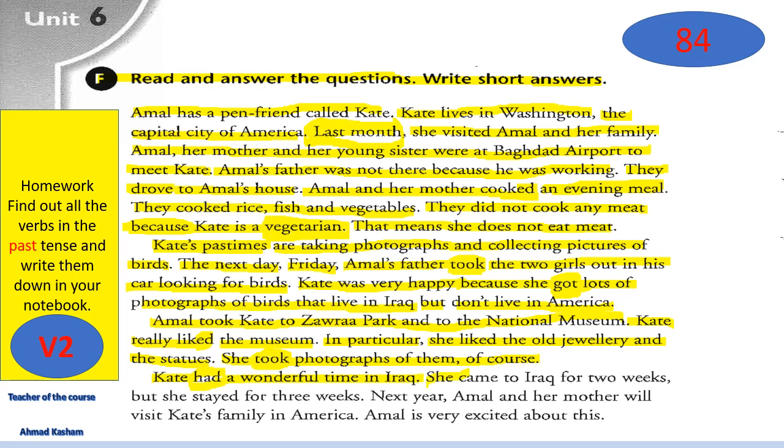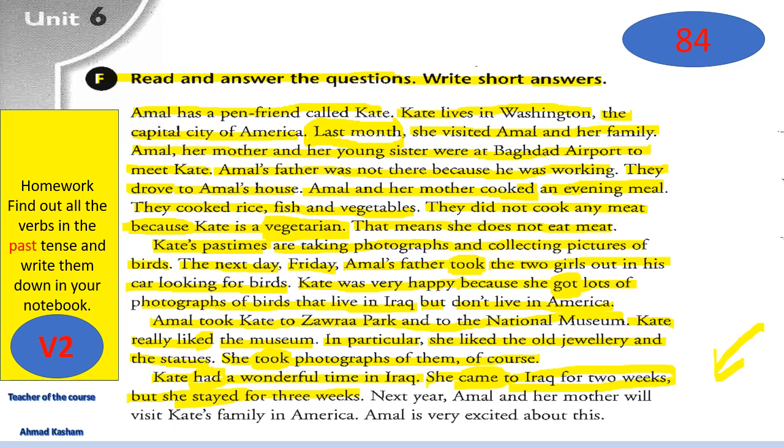She came to Iraq for 2 weeks, but she stayed for 3 weeks. So I will explain something here. Kate decided at first to stay only 2 weeks, but she liked her holiday there in Iraq.